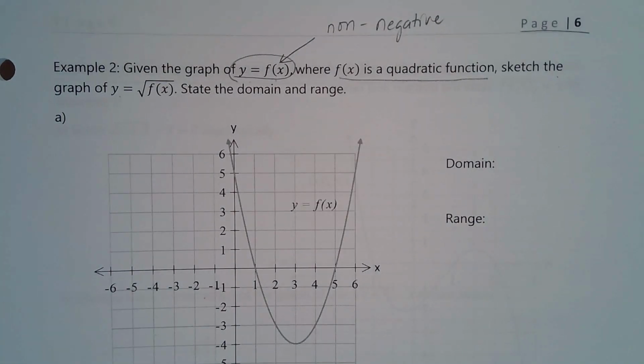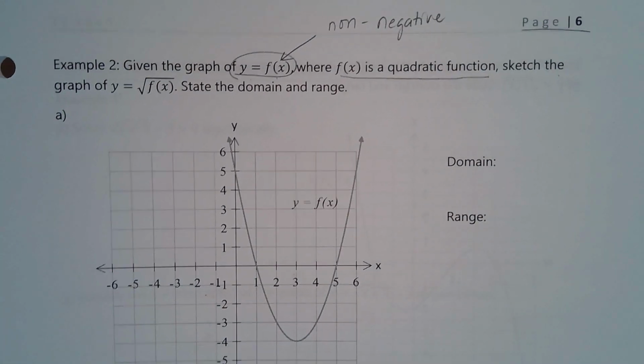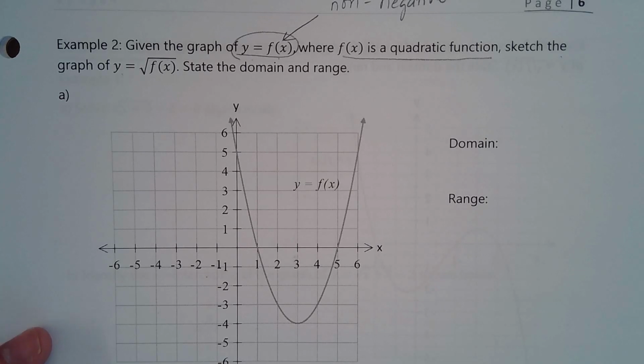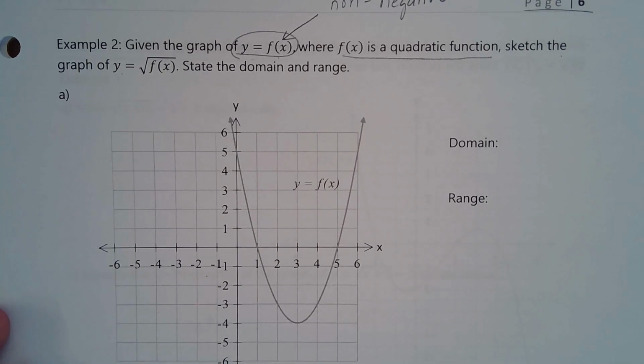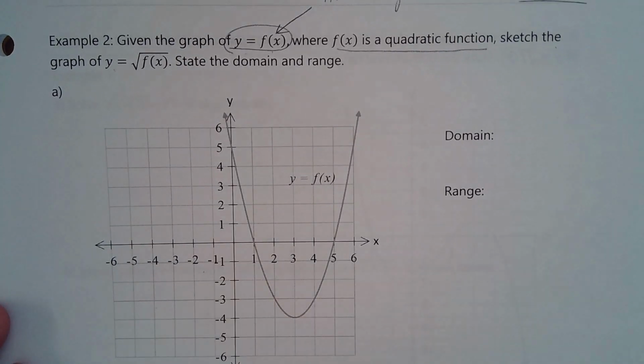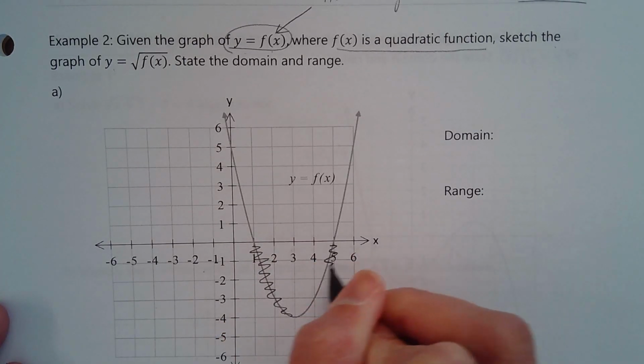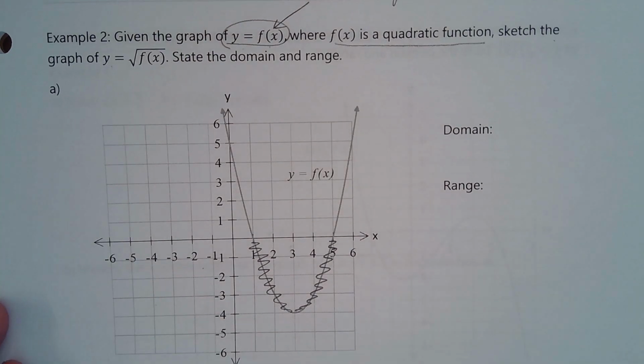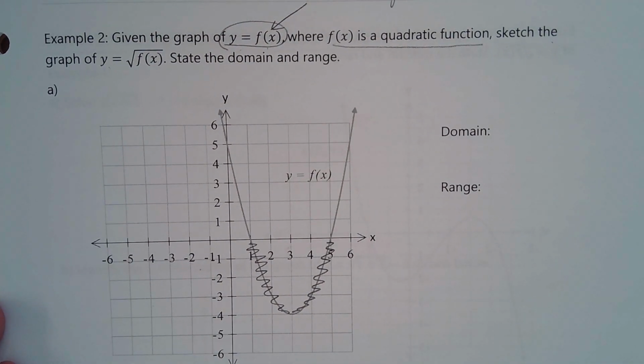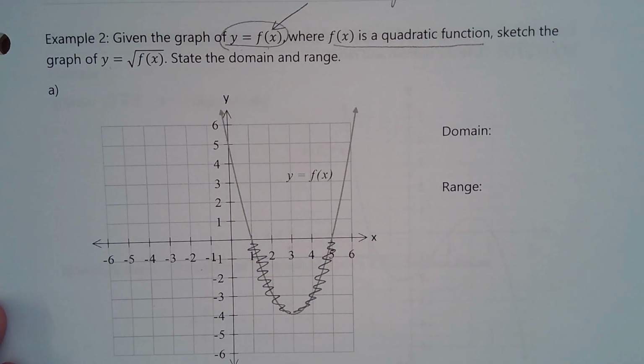So those are the non-negative values for f of x. Where is f of x negative? Under, right? So these ones here will not be defined. So let's erase that one right now. We don't have to worry about that, right? Okay, good.